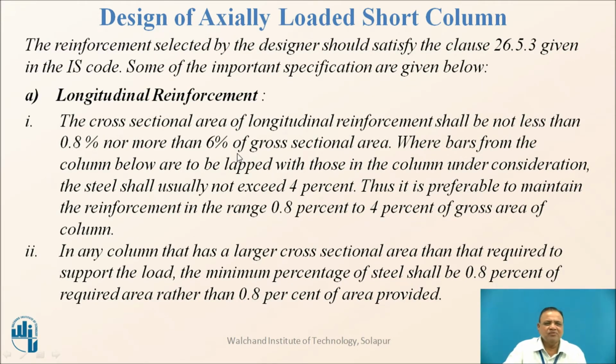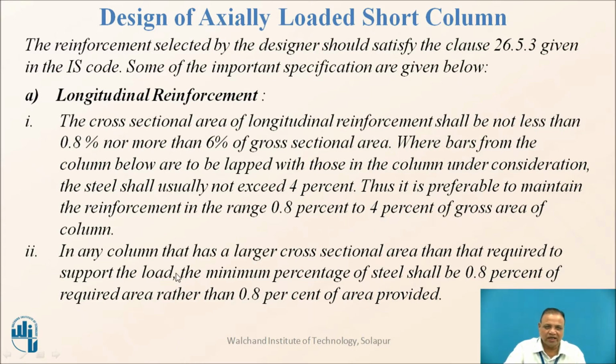Now these are some of the important things we are supposed to follow during the design. The cross-sectional area of the longitudinal reinforcement shall not be less than 0.8% nor more than 6% of the cross-sectional area. Where bars in columns are lapped, the maximum percentage allowed is 4%.